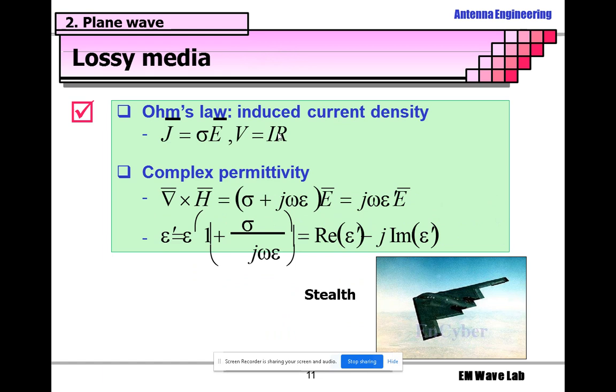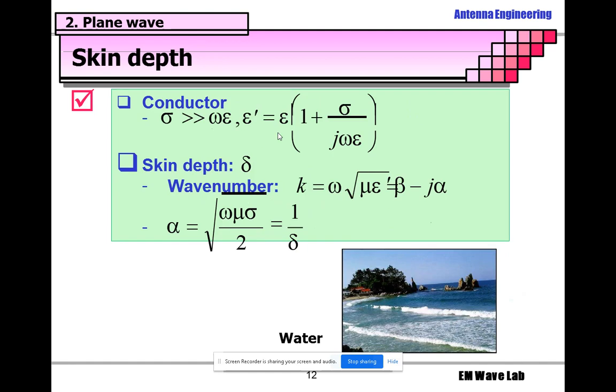Lossy media. Lossy media means losses will occur only in the conductors and dielectrics. There what we will learn is Ohm's law, etc. Complex permittivity will be learned. Skin depth.